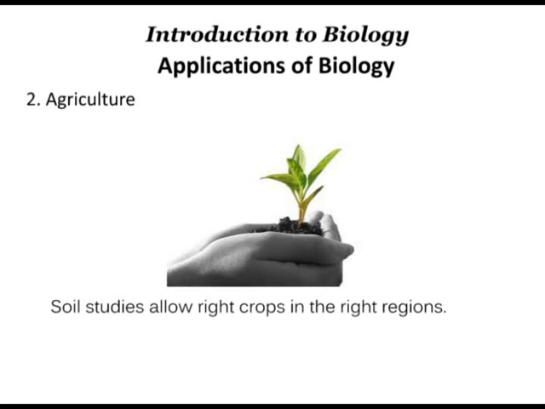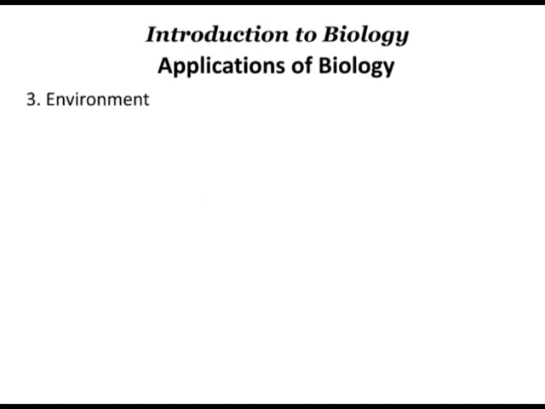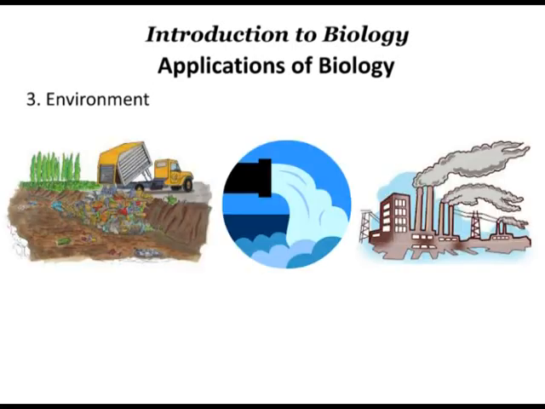By studying the soils and climate, scientists can identify the right breeds for a particular climatic zone. Also, through understanding the physiology of other organisms, we can now develop chemicals for pest and parasite control. Now, technological advancements are good to humankind, but they often come with huge cost, particularly to the environment.